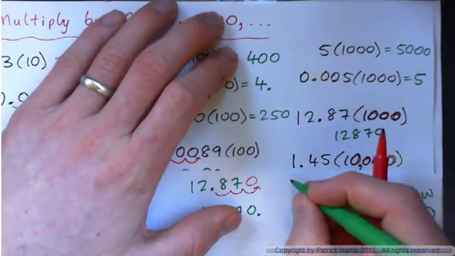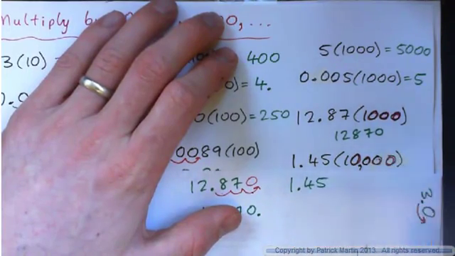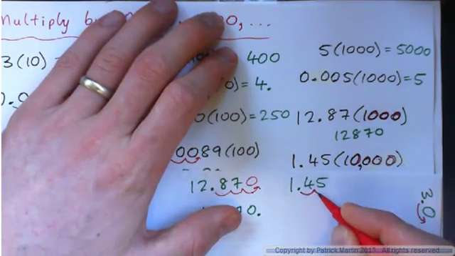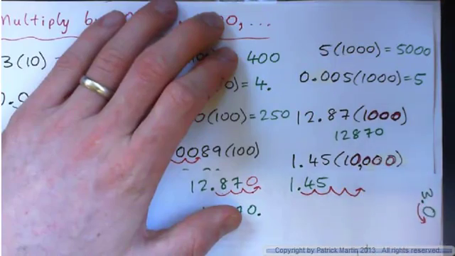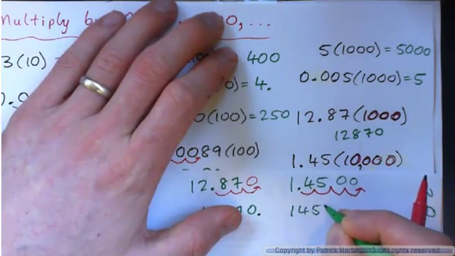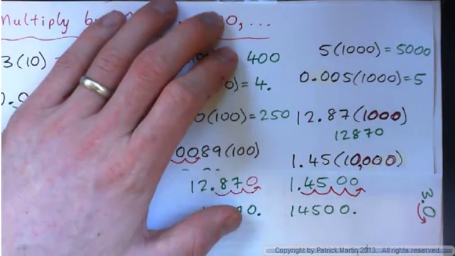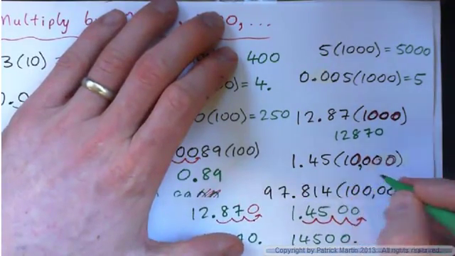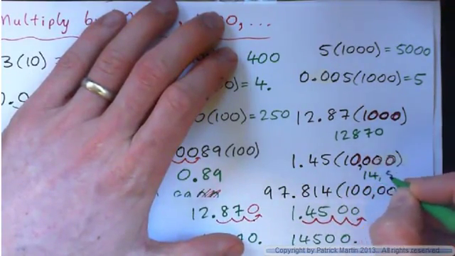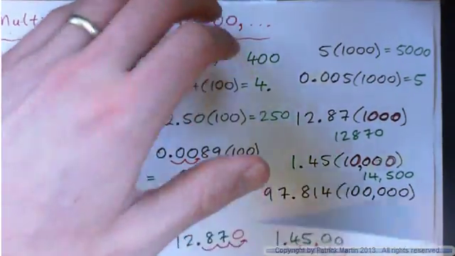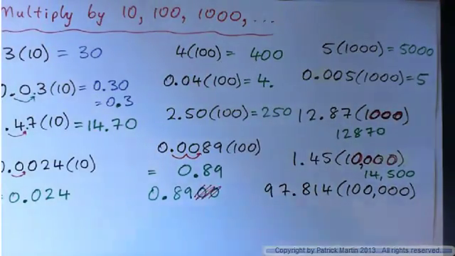So I start with 1.45. I skip the decimal point 1, 2, 3, 4 spaces to the right. Stick in 0, 0, and that's 14500. The decimal point is there. So 14,500. And so on and so forth.